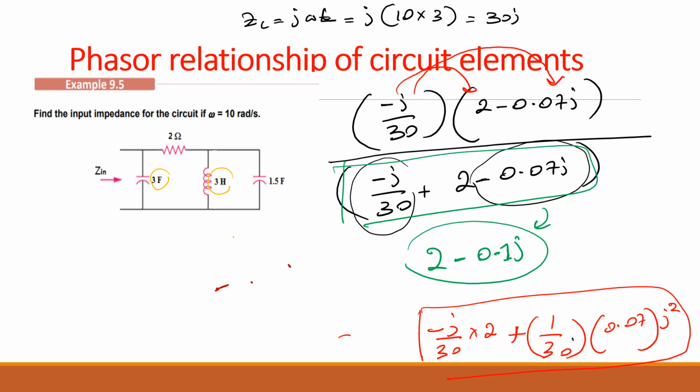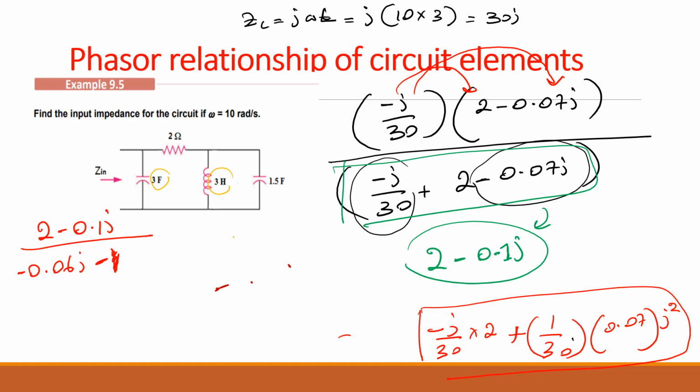So you have 2 minus 0.1j at the top, and at the bottom we have 0.06j negative plus, this is also becoming negative. Wherever you have j squared, you can put negative 1 there, isn't it? Am I right? j squared is negative 1.